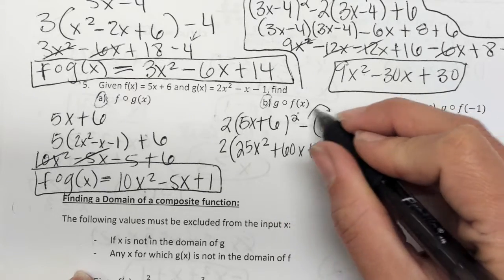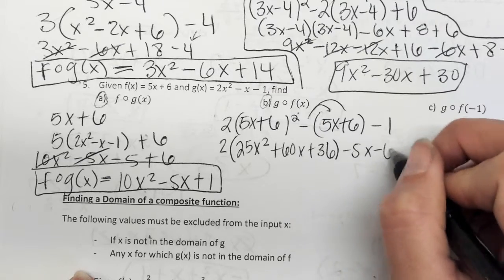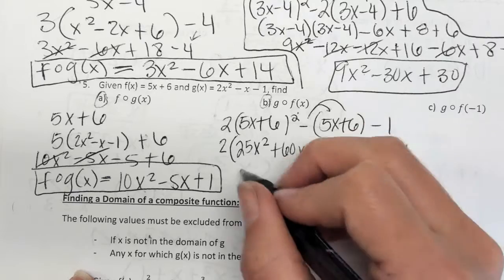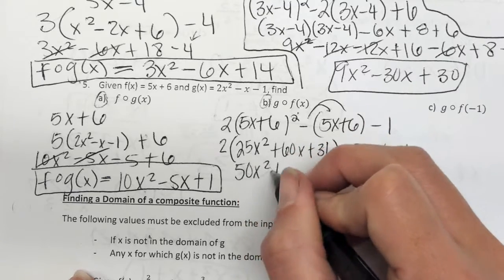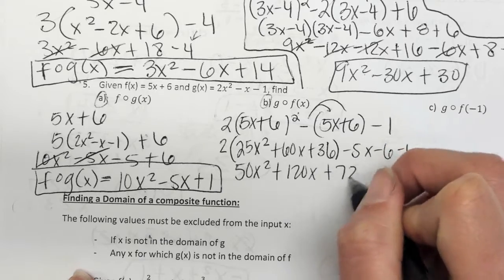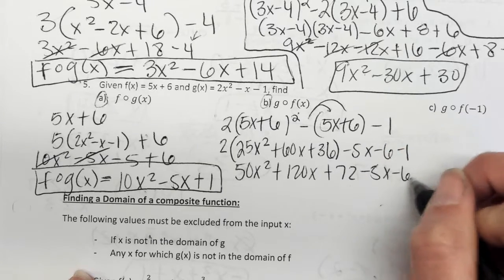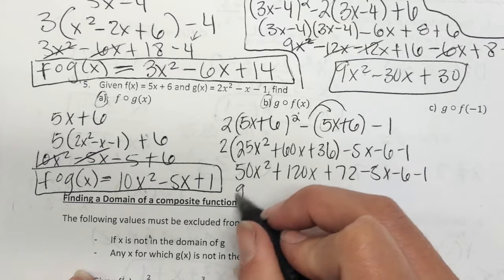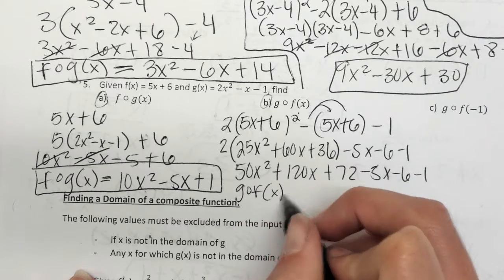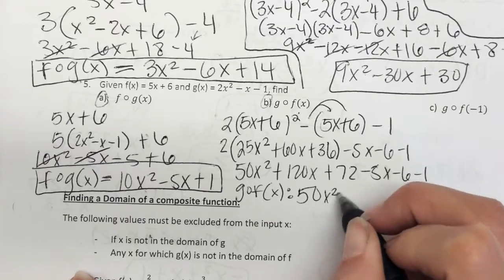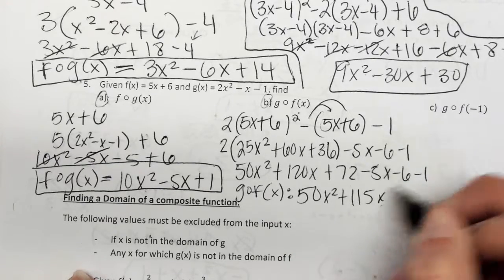Distribute this negative, that'll make negative 5x minus 6. Multiplying all of this by 2 now, I'll get 50x squared plus 120x plus 72, minus 5x minus 6 minus 1. Now to combine my like terms, I'll have 50x squared plus 115x plus 65.